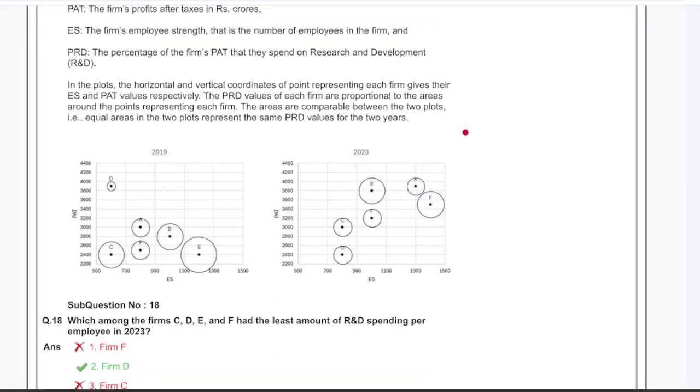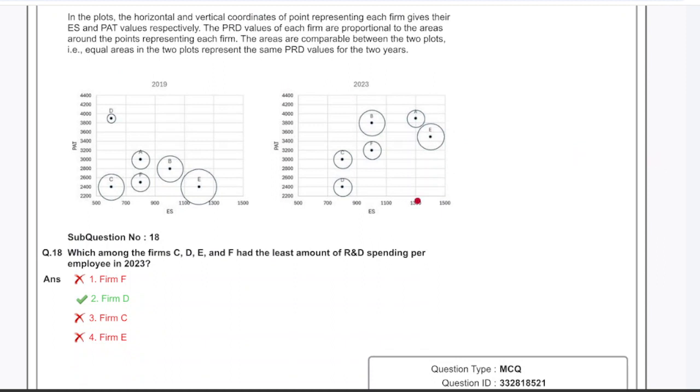Then the next question: which among the firms C, D, E, F had the least amount of R&D spending per employee? So C, D, E, F. Let's find out. For C, if I check in 2023, again we have to look into this chart. Now R&D spending we have to check with the area, and for area we need to find out.